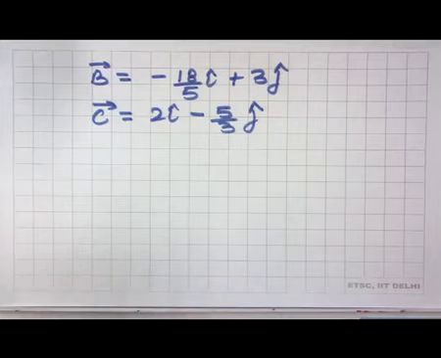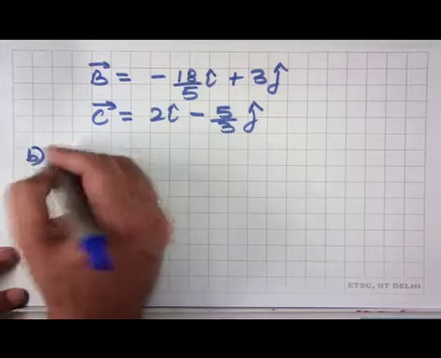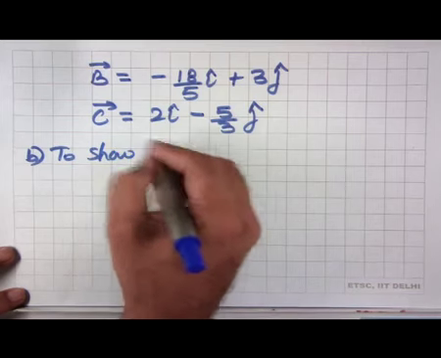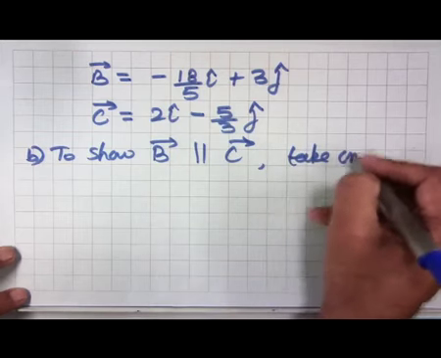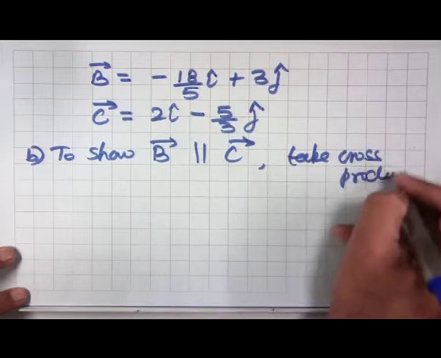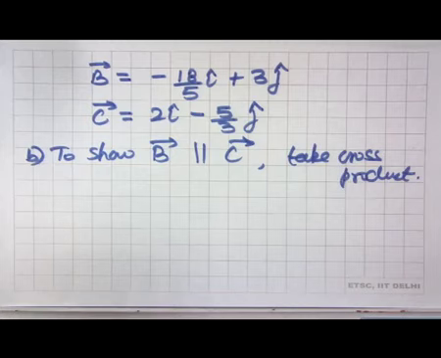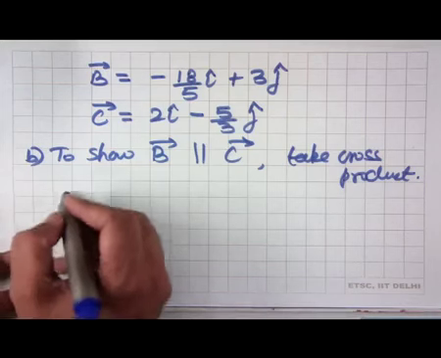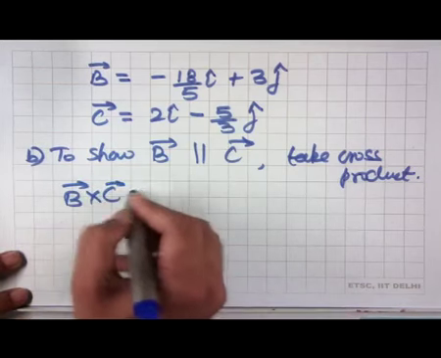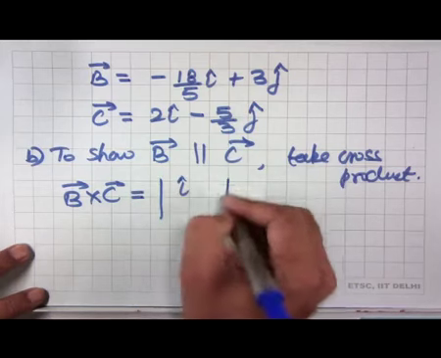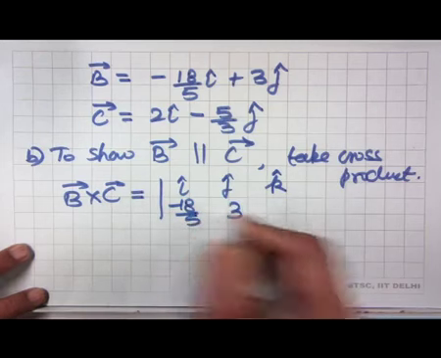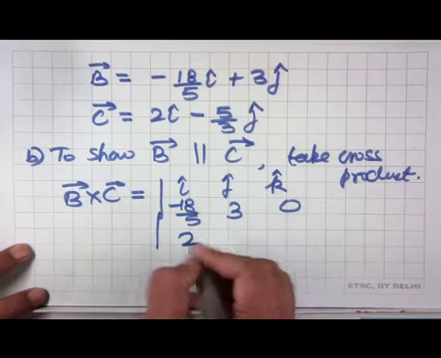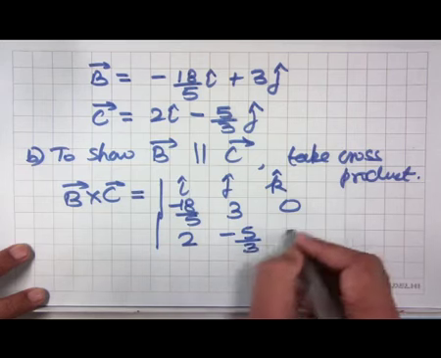Now, to show that B and C are parallel, for part B, there are many ways of doing it. One way is to take the cross product. So, let us first look at that. We take B cross C. That will be equal to this determinant: i j k, minus 18 by 5, 3, 0, 2, minus 5 by 3, 0.